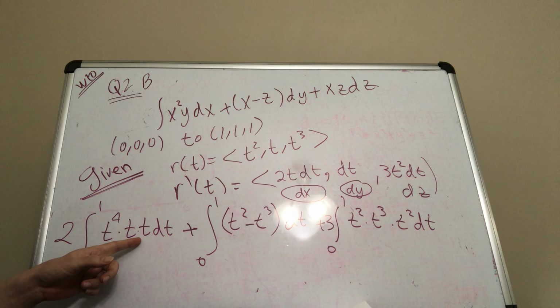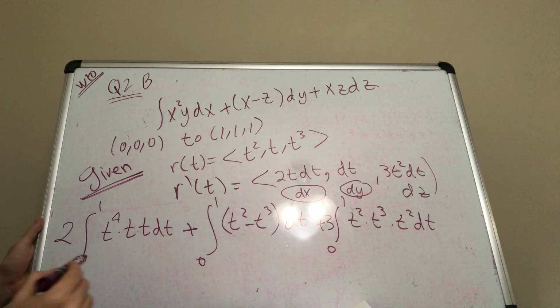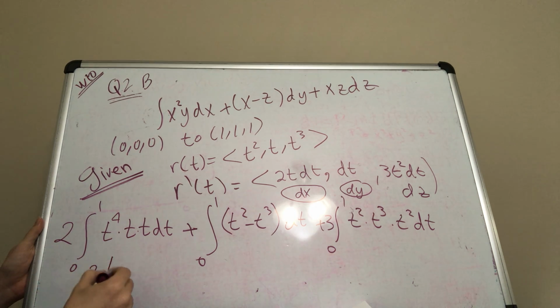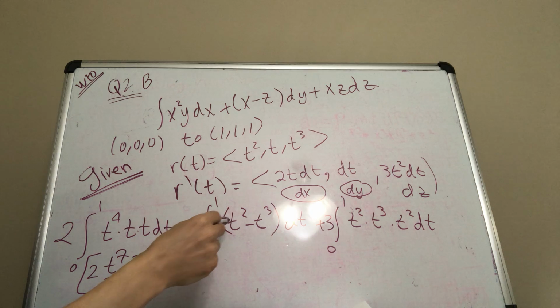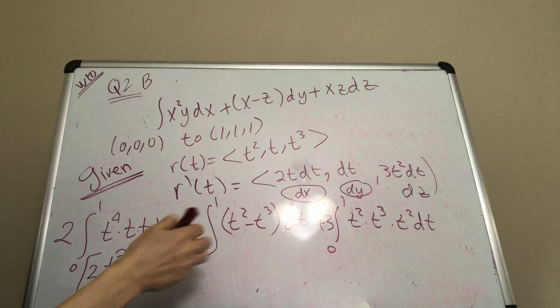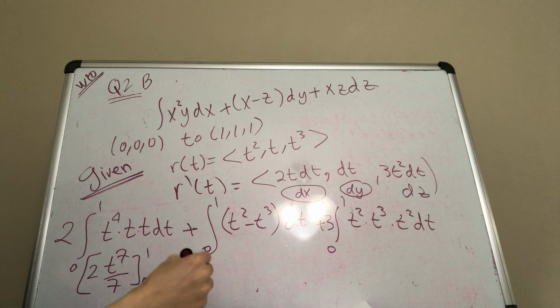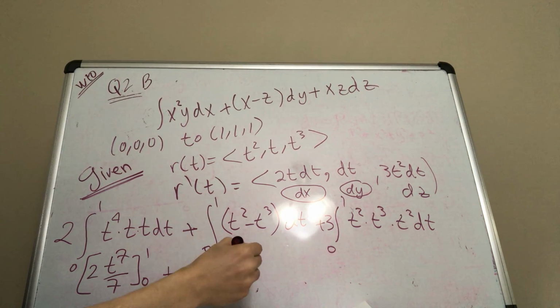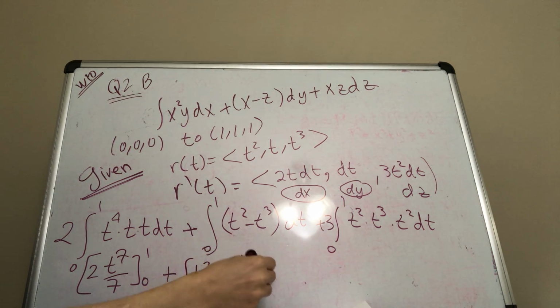Here you're integrating t to the 6, and that would be t to the 7 over 7, 0 to 1. Here you're integrating t squared, which is t cubed over 3, and this one is t to the 4 over 4, 0 to 1.